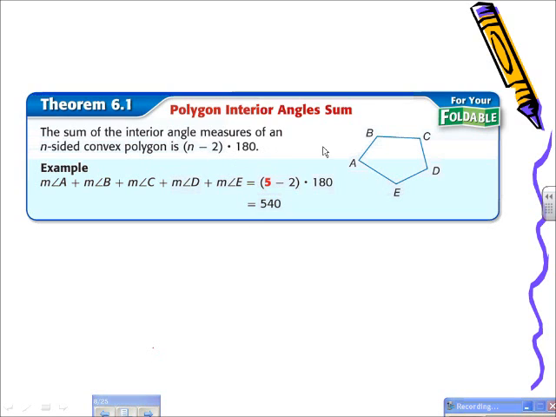If you had a 5-sided polygon, n is 5, so 5 minus 2 is 3, and 3 times 180 tells you all the angles in this pentagon add up to 540 degrees.